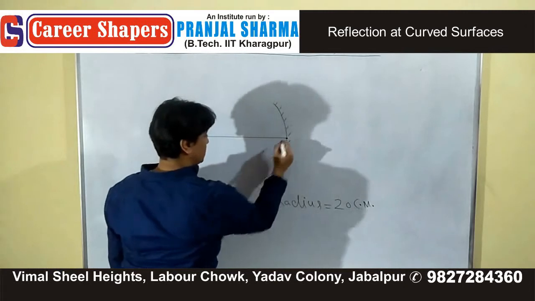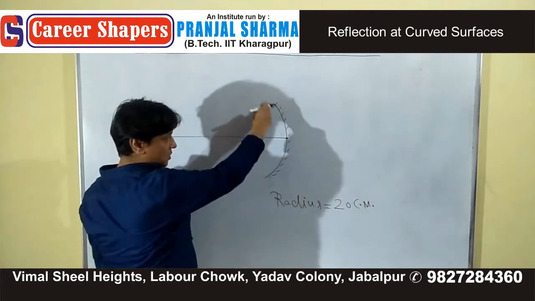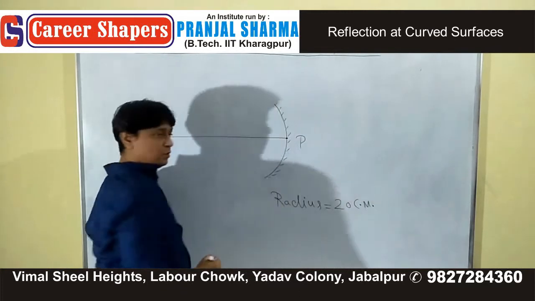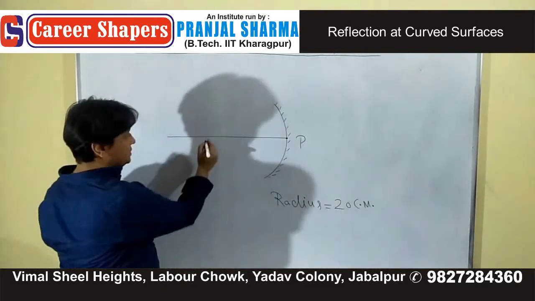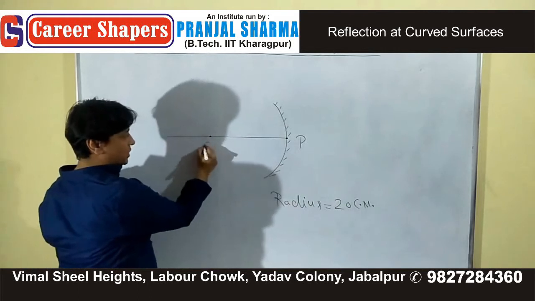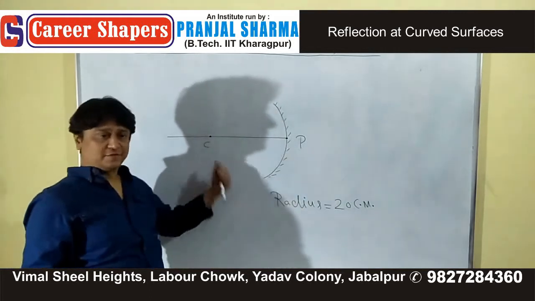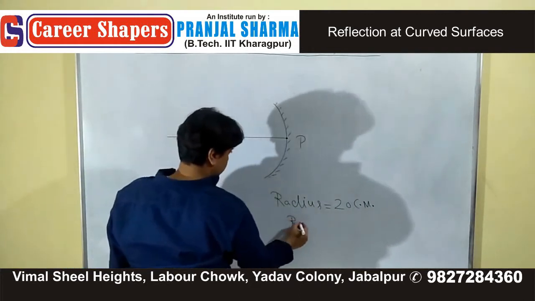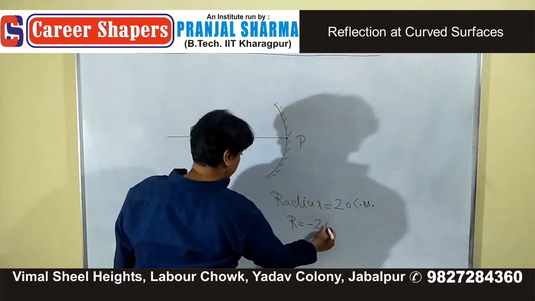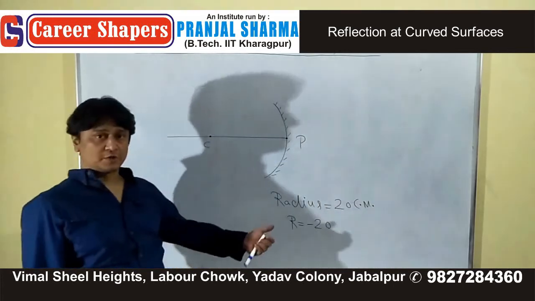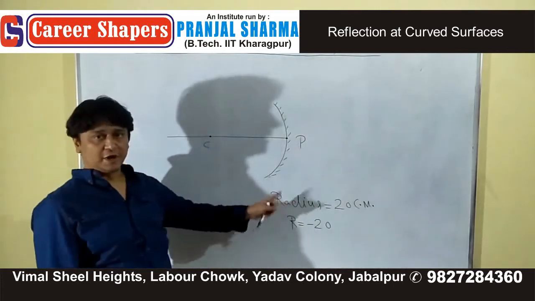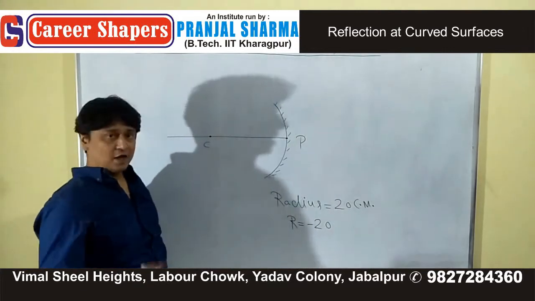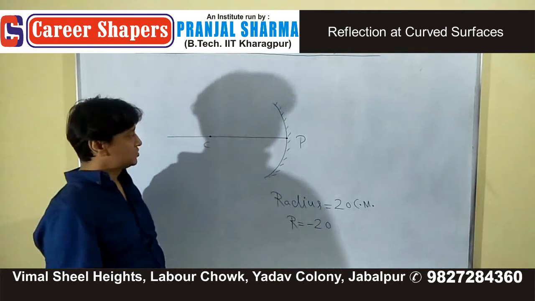But you know that for a concave mirror, this is the pole, which is the origin, and the center of curvature lies on the left side, and therefore radius is minus of 20 with proper sign. Question says radius is 20, but you know that it is on the left hand side, and therefore R becomes what? Minus of 20.